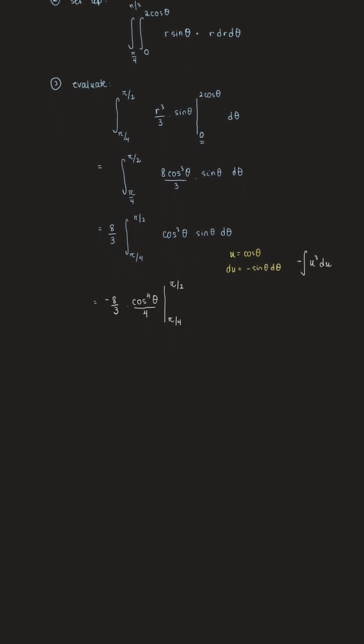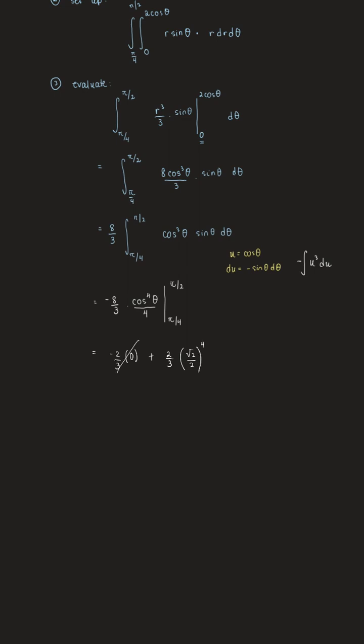We have a few final steps to get to our solution. 4 goes into 8 twice, so we have a negative 2/3. When theta is pi over 2, cosine is 0. So negative 2/3 times 0, minus, which will become a plus, 2/3 times cosine of pi over 4, which is the square root of 2 over 2, and we're raising this to the 4th power.